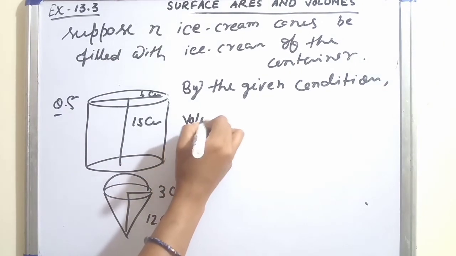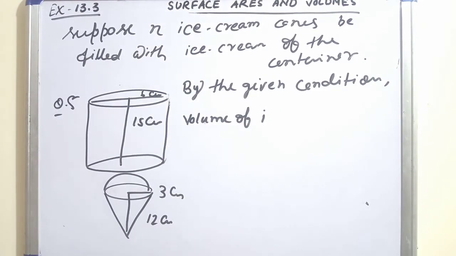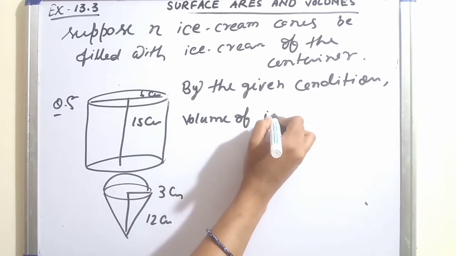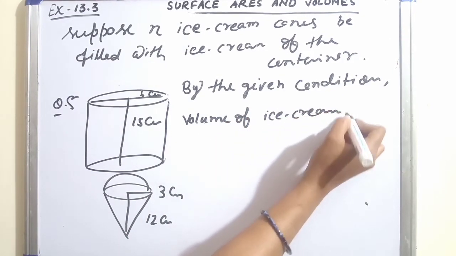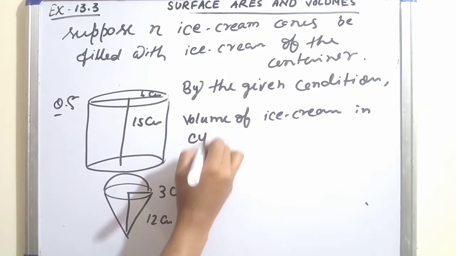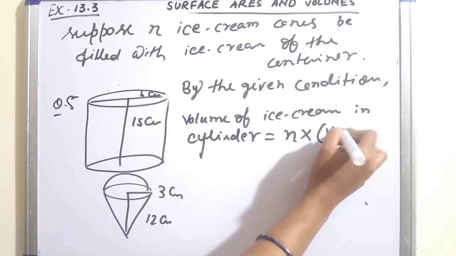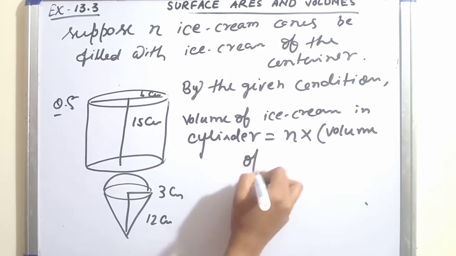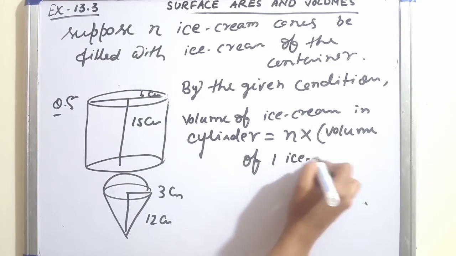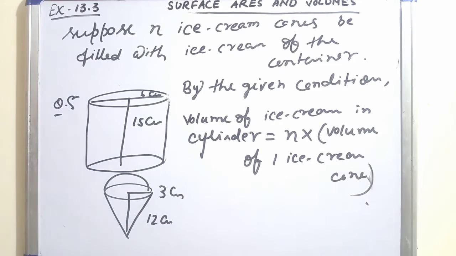volume of this cylinder, volume of ice cream in this container, volume of ice cream in the cylinder is equal to n into the volume of one ice cream cone.